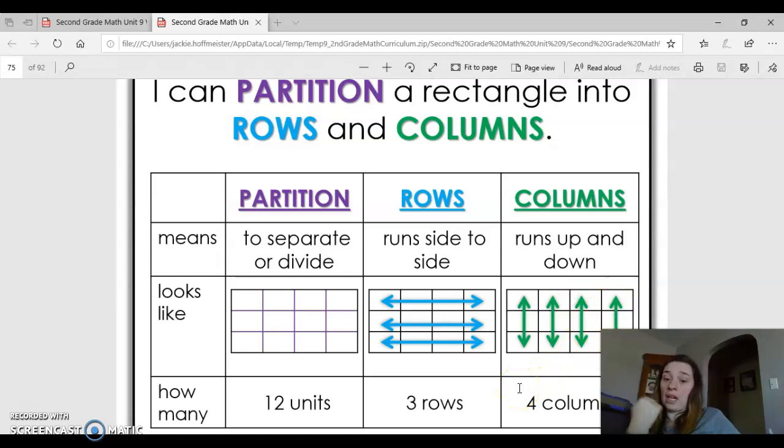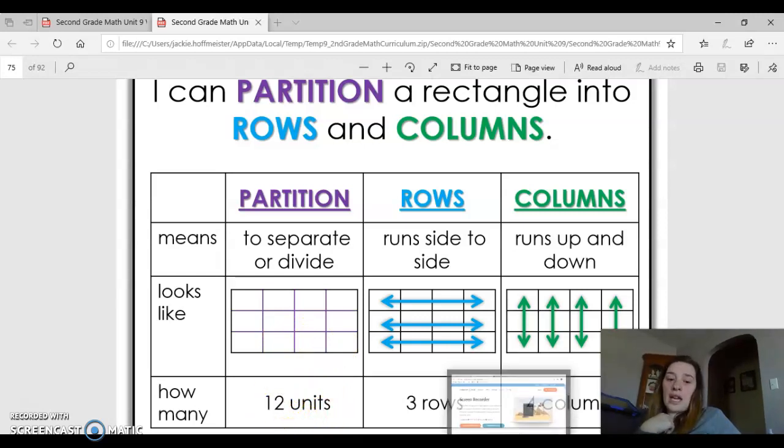And we're going to count how many are in the box all together. How many units are there? Units is how many parts there are in the middle. 1, 2, 3, 4, 5, 6, 7, 8, 9, 10, 11, 12. So there are 12 units.